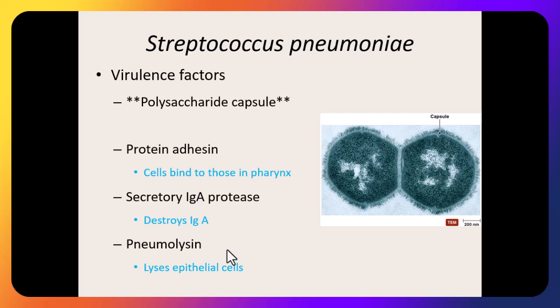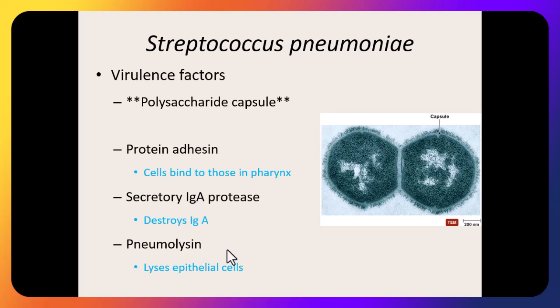It also makes an enzyme called secretory IgA protease. Again, it's an enzyme, it ends in -ase. What this enzyme does is destroy antibody A. So even though your immune system has antibodies trying to target certain bacteria so that your immune system destroys them, this bacteria makes an enzyme to start destroying our antibodies. Not all of the antibodies, only those in the IgA group.